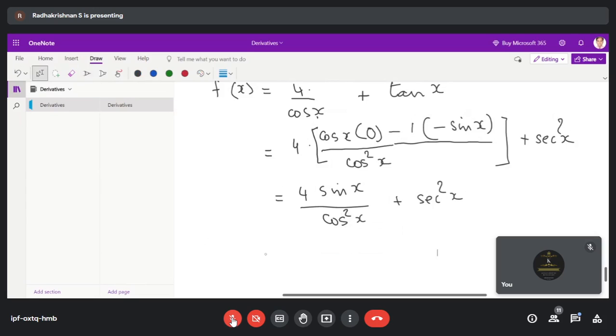Sometimes you have to simplify it, especially if it is an objective type question and they may have given the answer in a particular format.